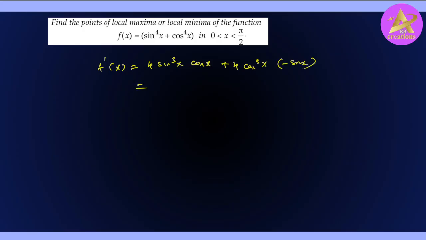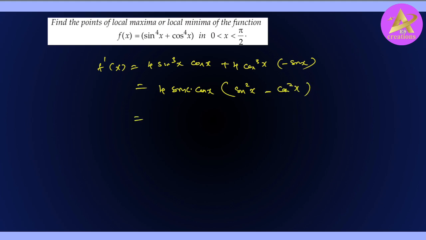From this, can I take 4 sin x cos x common? If I take 4 sin x cos x common, I will get sin square x minus cos square x.